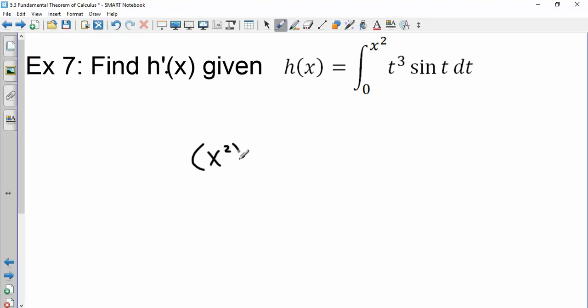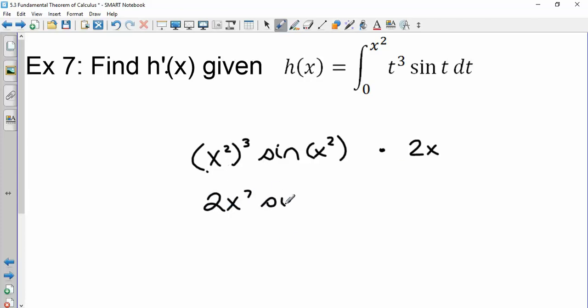So we get x squared cubed sine of x squared, and what else do I have to multiply by? 2x, the derivative of the x squared. So if I clean that up, that's an x to the 6th, so it would be 2x to the 7th sine of x squared.